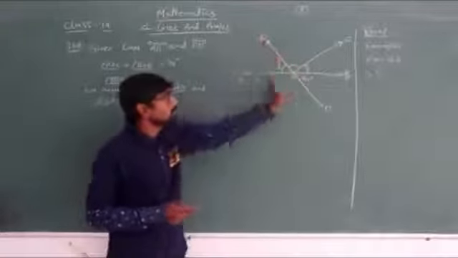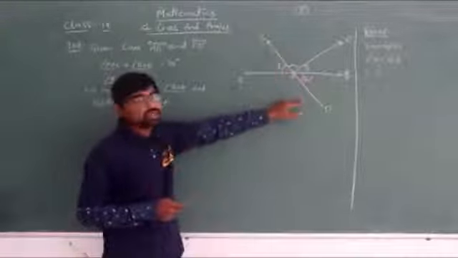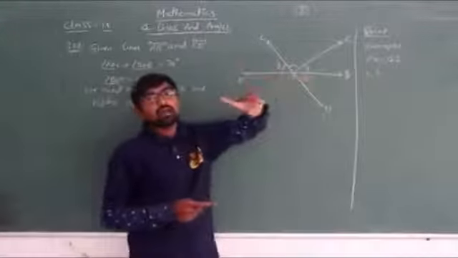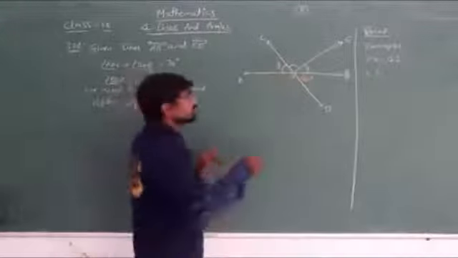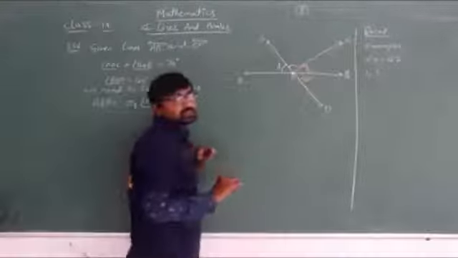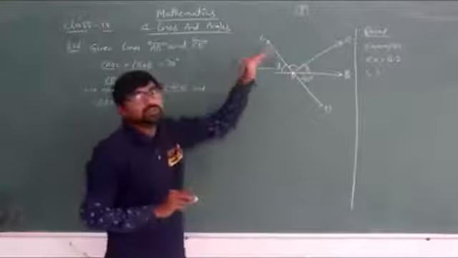Here AB and CD are the two lines intersecting at point O, and from O to E we have one ray. This is a ray which starts from O and continues through E. It is not ending at E, it is just continuing.